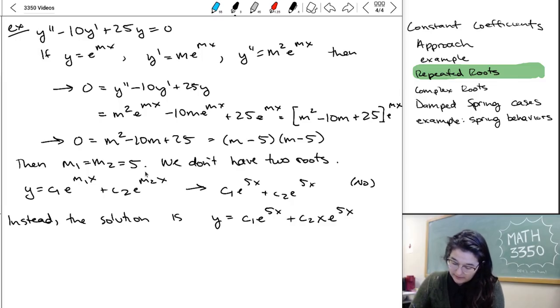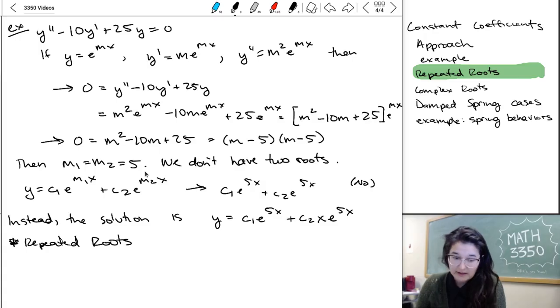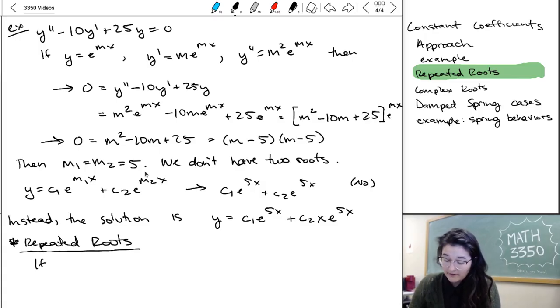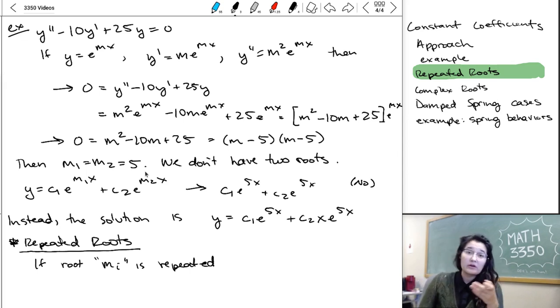First of these little asterisks, where in the steps we were missing a small detail, is repeated roots. So if you have some root that I'll denote by m sub i, and it's repeated, and for higher order problems it could be repeated many times. This is second order, so there are only two roots, so you could only repeat it once.